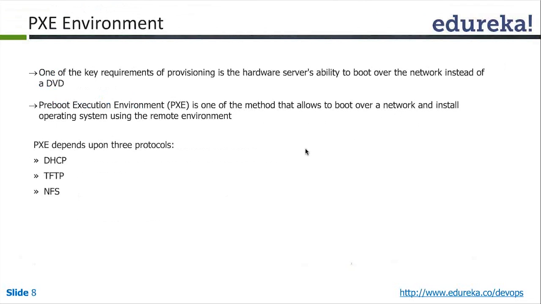Once it gets an IP address, that means it is connected to the rest of the world, be it internal or external. It gets the connectivity required to talk to anybody. It's just like getting a telephone number.